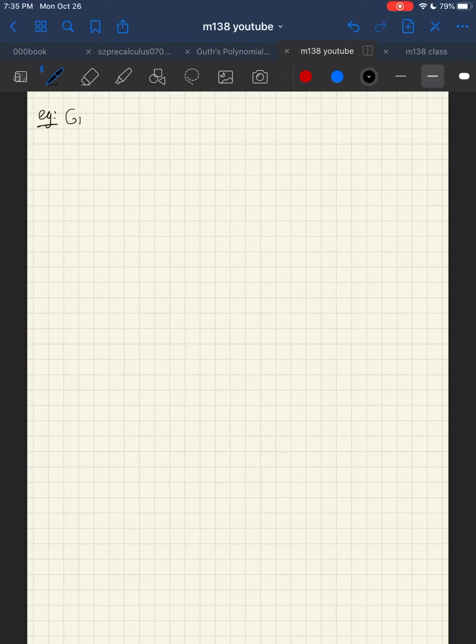So example, given a right triangle with an angle of 60 degrees, next to a side of length 10 feet.